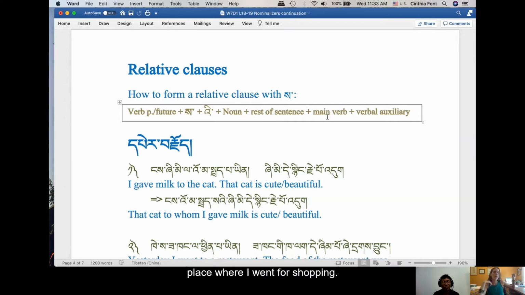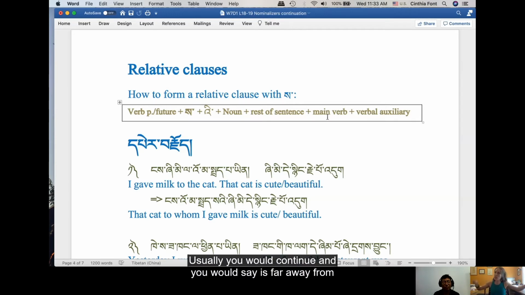The place where I went for shopping, usually you would continue and say, is far away from my house. It's one sentence, but two clauses. What is far away from my house? The place where I went shopping. So place becomes qualified by the relative clause.